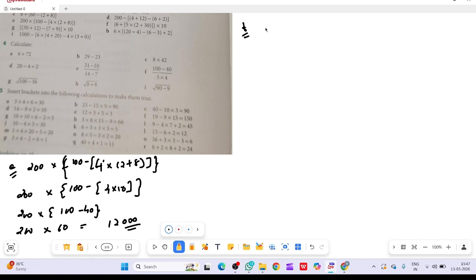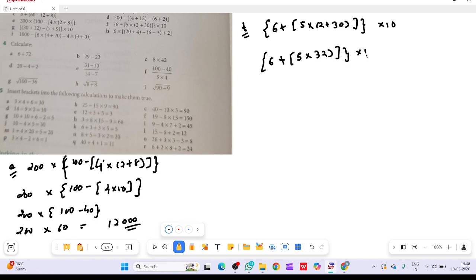Then F is 6 plus 5 into 2 plus 30 into 10. So first of all, 6 plus 5 into 2, it is nothing but 32 into 10.